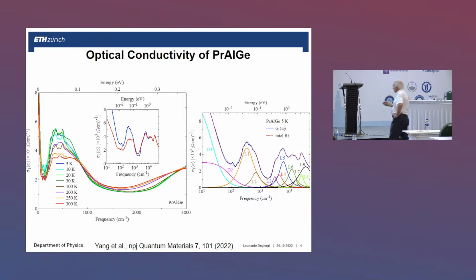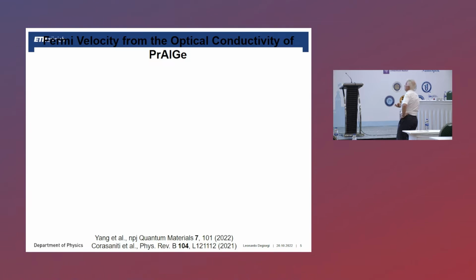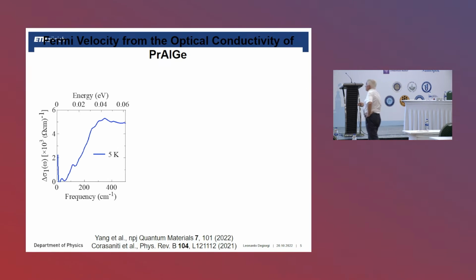Now, first of all, as I said, you can define out of this procedure the global Drude resonance, which is shown here, for instance, for the low temperature. Then you can systematically subtract that intraband contribution from the optical spectra, and you are left with the clean interband contribution in the optical conductivity, which is shown here as an example at the lowest temperature.